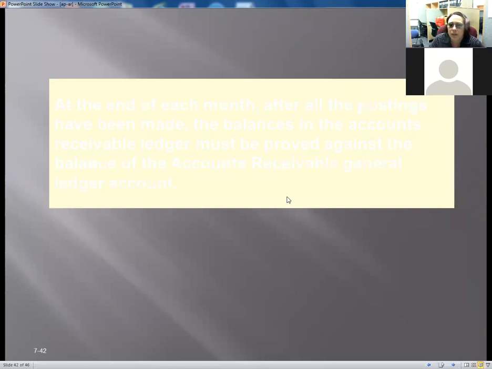At the end of the month, after all postings have been made, the balance in the accounts receivable ledger must be proved against the balance of the accounts receivable general ledger account. So basically what it's saying is you've got all these customers and all these balances.